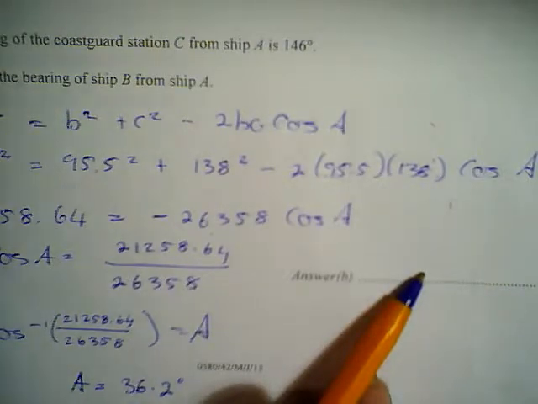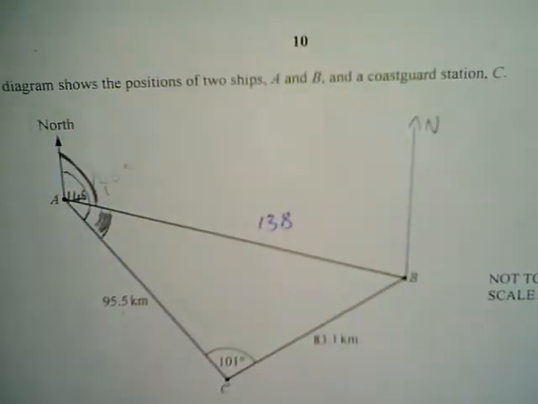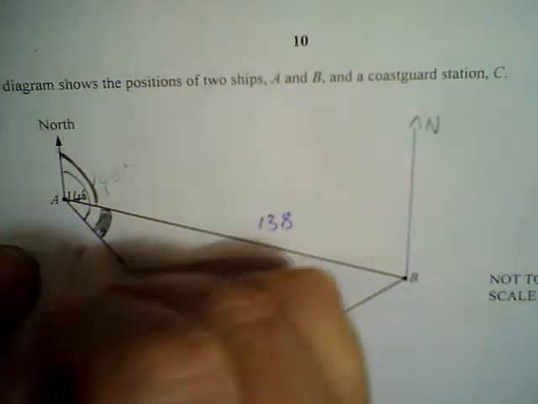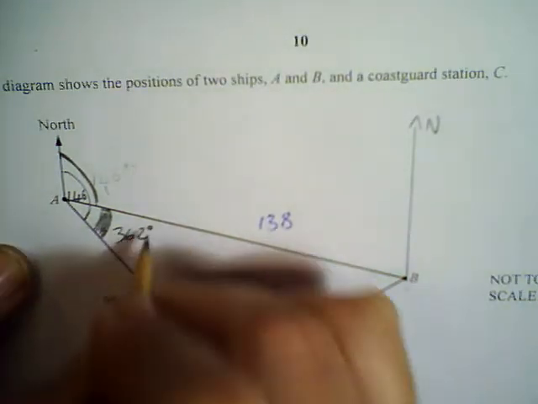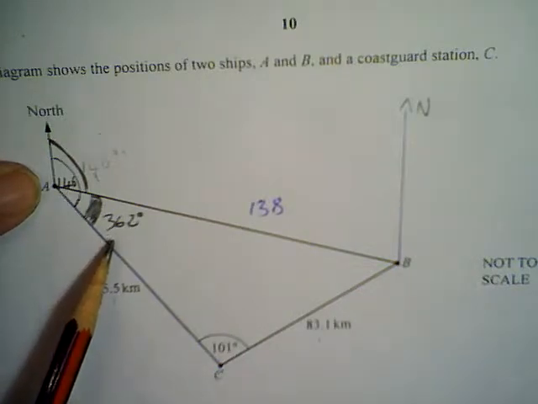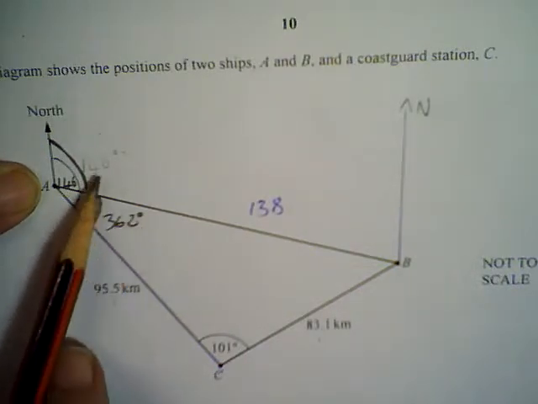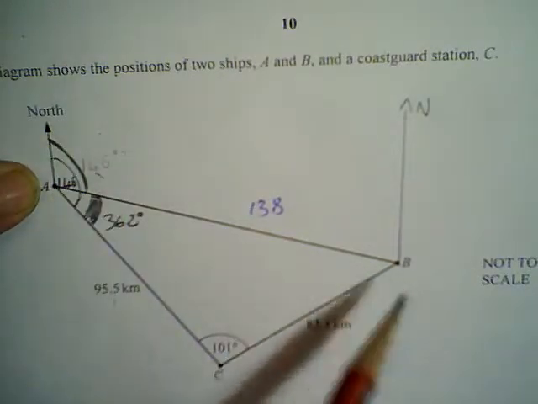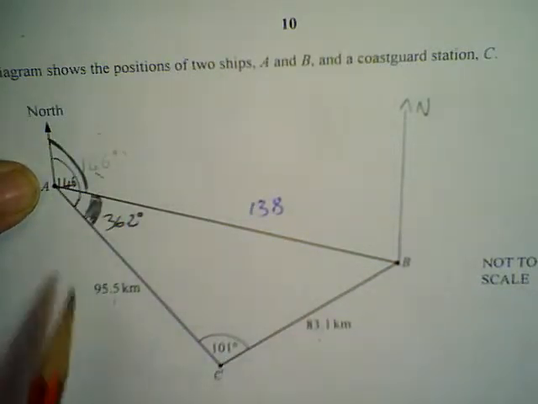That is this angle over here, the one that I started off on. So 36.2 degrees. If I subtract it from 146, I would find this angle, the one that I wanted, the bearing of B from ship A.